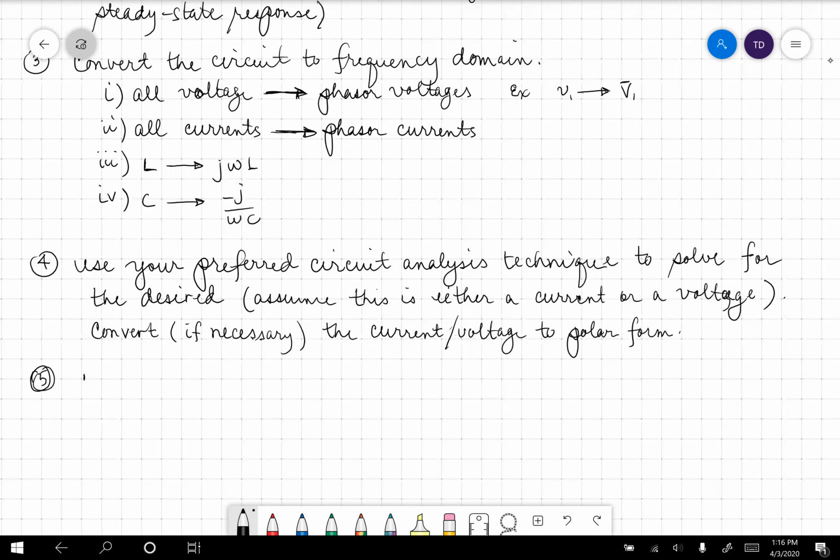So we're going to convert the desired phasor to the time domain. And then solve the problem. I don't know what the problem is, but solve the problem. Usually 5 solves the problem.